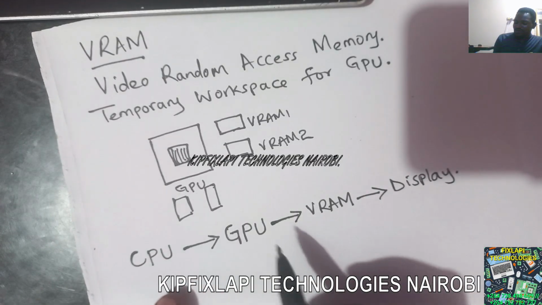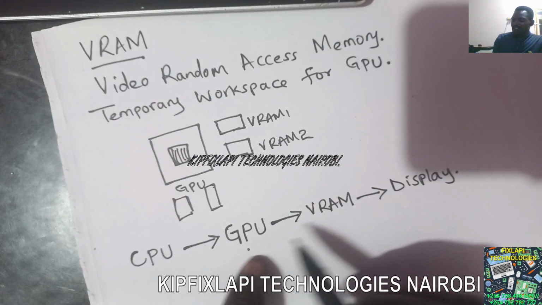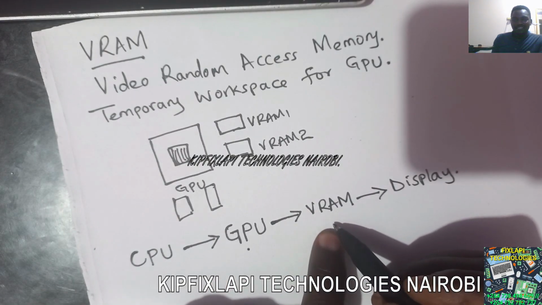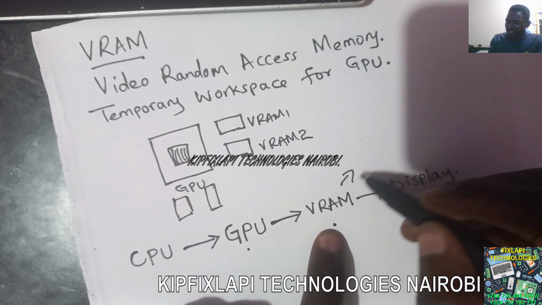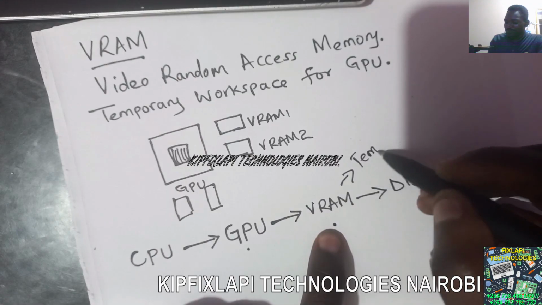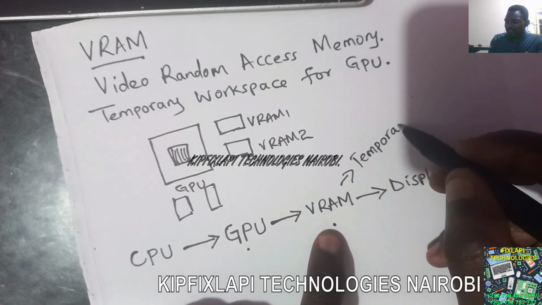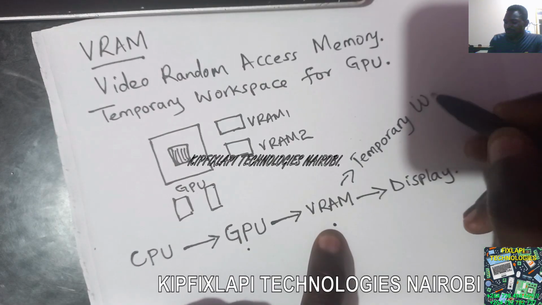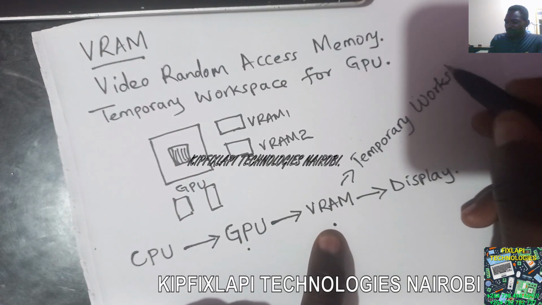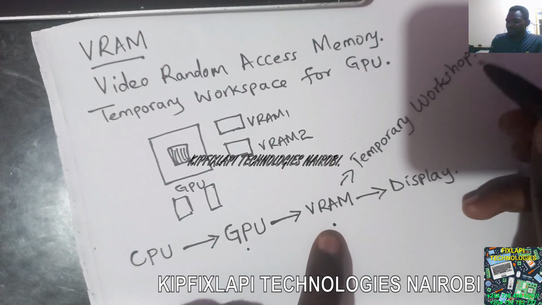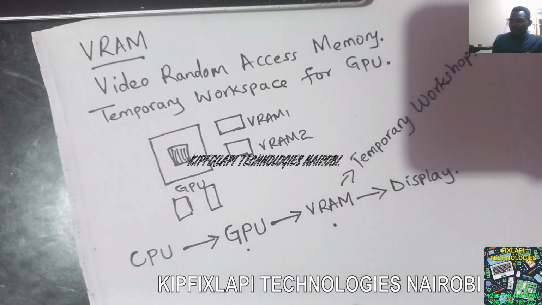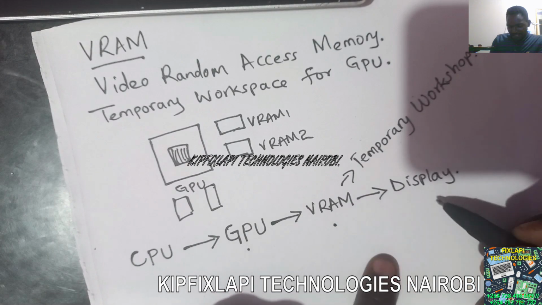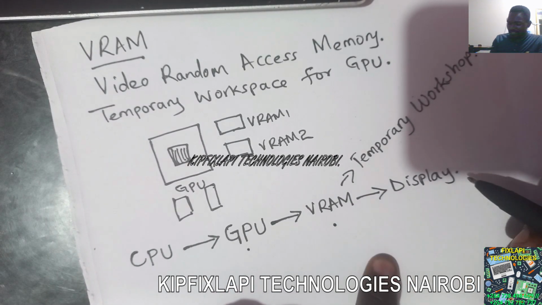So all this information which has been processed by the GPU is temporarily stored at the VRAM. So let's call this a temporary workspace. Why do you call it a temporary workspace? Because this information is stored here for just a few moments before it is sent to the display.